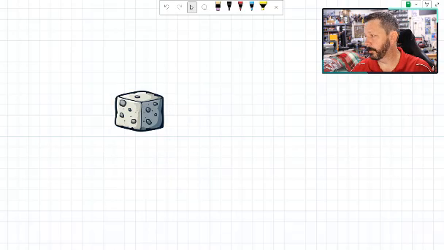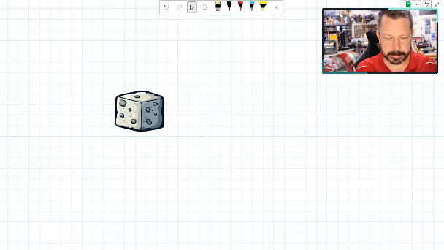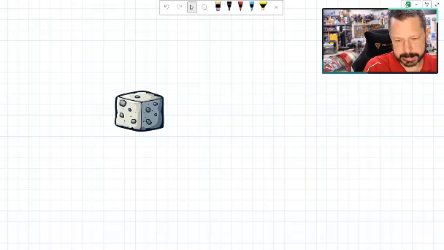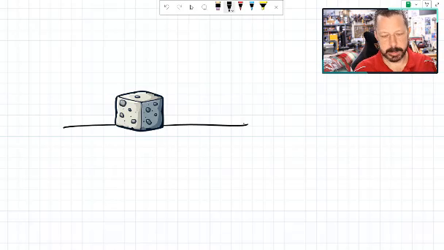So we got this little block, and it's sitting on the ground somewhere, and we've got two things pulling on it. Let's say that it's on the ground, and it's not moving. So we're not in a dynamic situation. We're in a static situation.